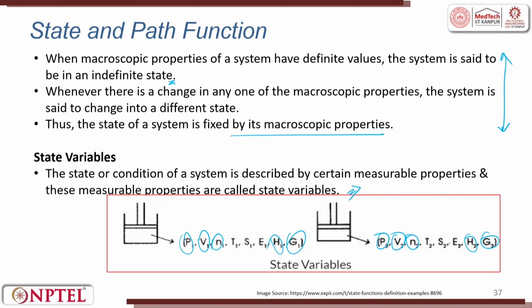So state variables: the state or the condition of a system is described by certain measurable properties, and these measurable properties are called state variables. Because later when you work on a PV diagram, for example an IC engine, there is an interplay between pressure and volume.